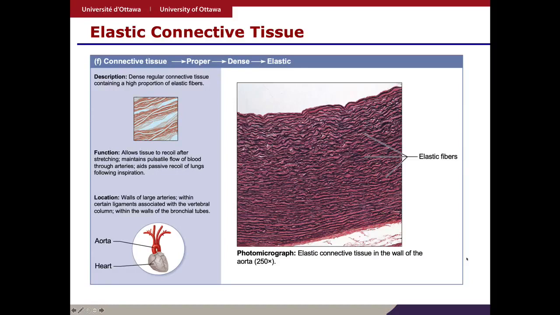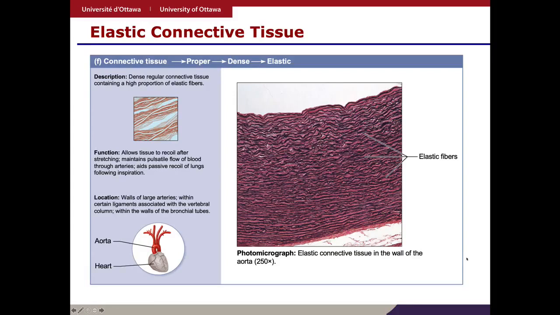The walls of the lungs and large arteries have sheets of elastic connective tissue that allow them to stretch and recoil. Arteries need to stretch when blood enters and recoil to push the blood out. And the elastic tissue in the lungs allows them to passively return to their uninflated size after inspiration, like when you sigh after listening to me lecture for a long time.